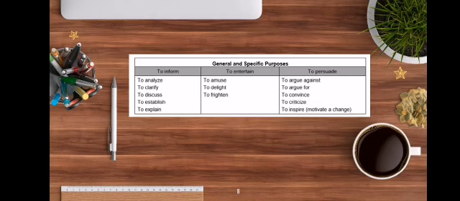When we talk about to entertain, we can subcategorize it by to amuse, to delight, or to frighten. And finally, to persuade, we can use to argue against, to argue for, to convince, to criticize, to inspire, which is to motivate a change. Use all of these to identify then the author's purpose in the text.